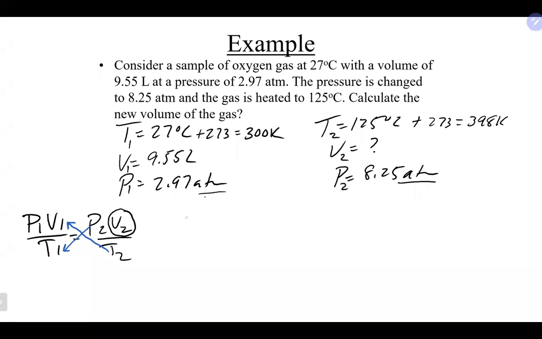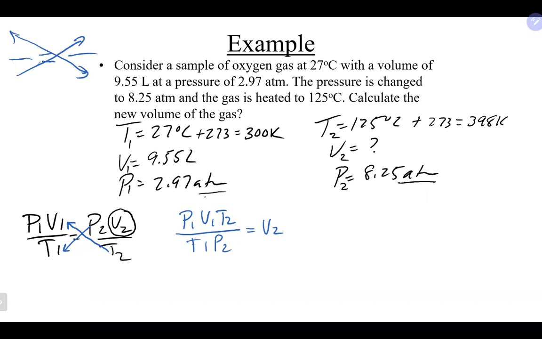That would then give us P1 V1 T2 divided by T1 P2, leaving our volume by itself on top, which is what we want. By the way, anytime you have an equal sign, to quickly rearrange, things just go in opposite locations as you go across the equal sign.